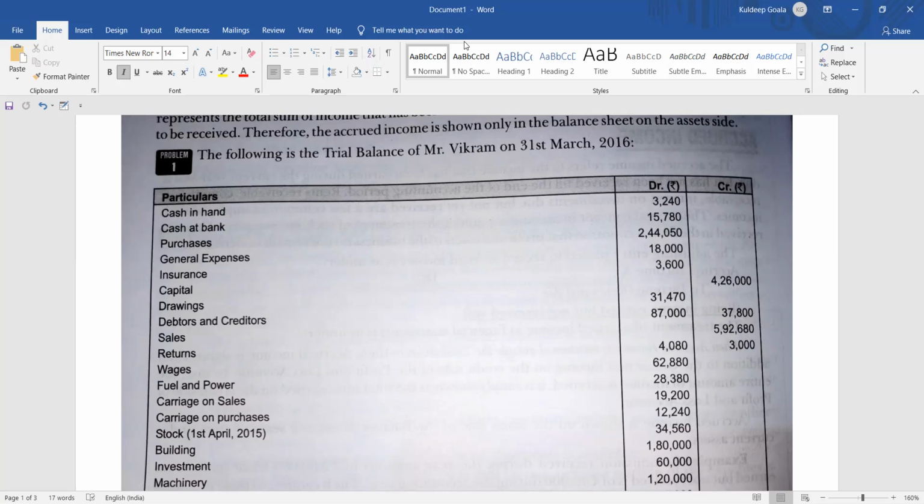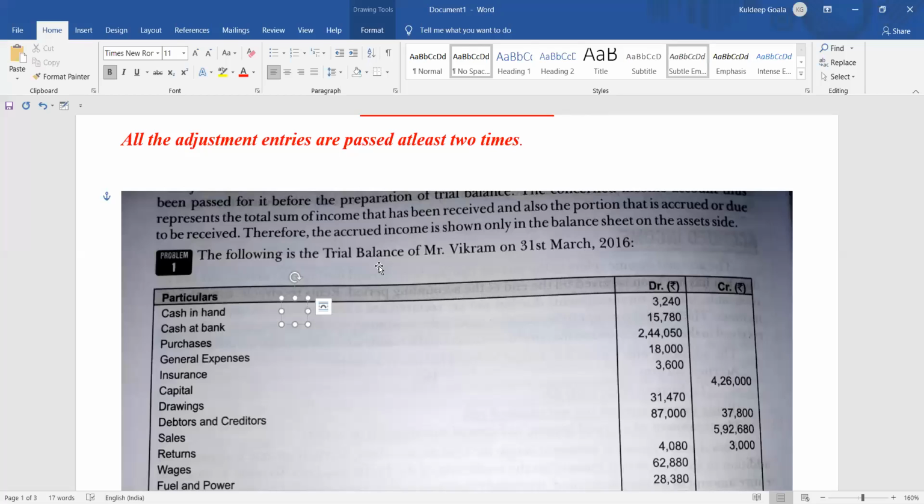So I'll show you this editing here. I'll just make an editing and I'll show you which item will go in which account, so that will be easy for us to understand. Okay, now starting with the cash in hand, so we all know where cash in hand will go. Cash in hand will go in the balance sheet. Which side? Balance sheet, asset side, in the current asset, right?